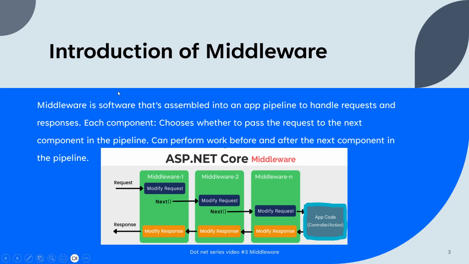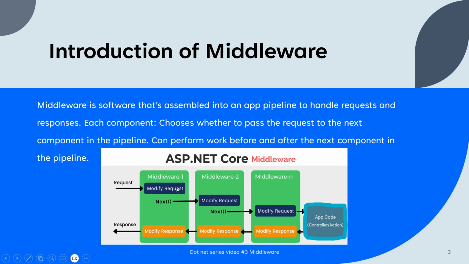So, actually, what is middleware? Middleware is a piece of software that is assembled into an application pipeline to handle request and response. Basically, say you have a code like get student list, and you want to check something or record something like an IP address, authentication, or logging.